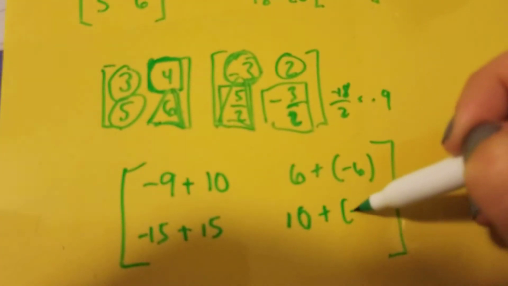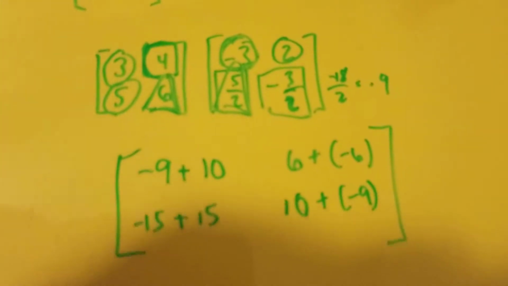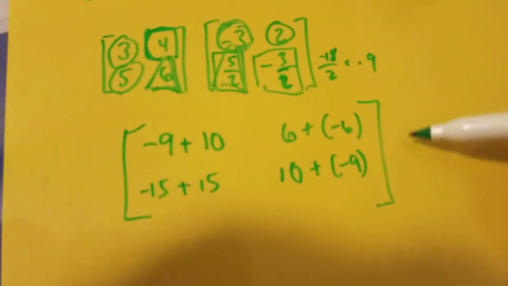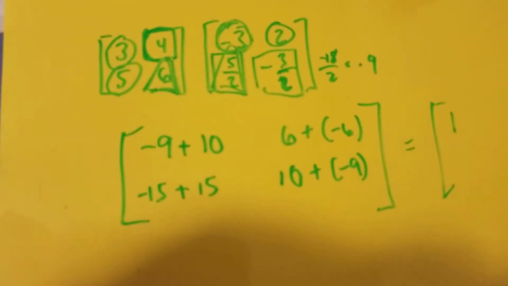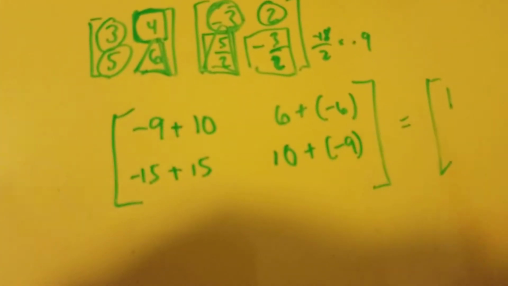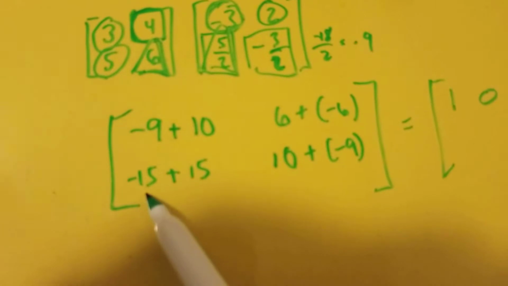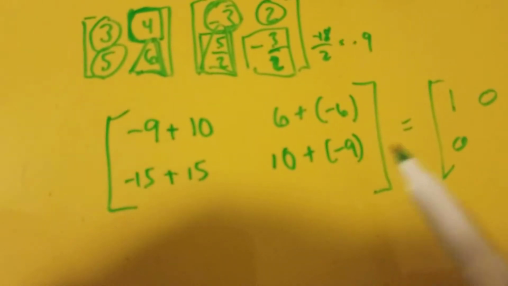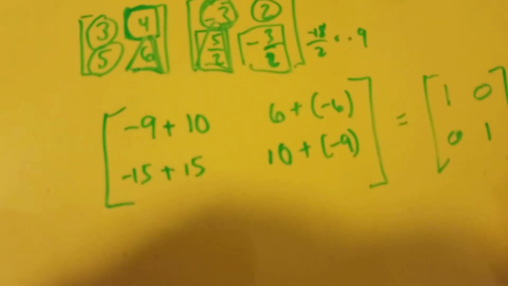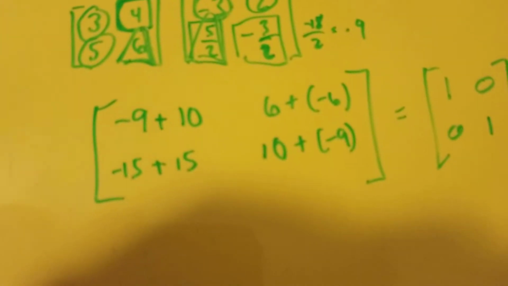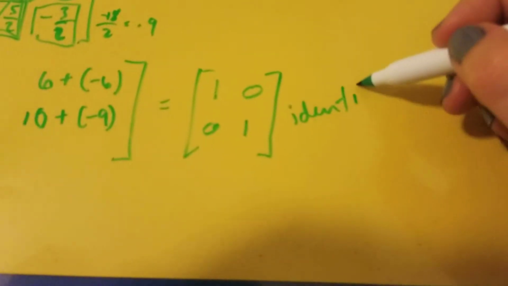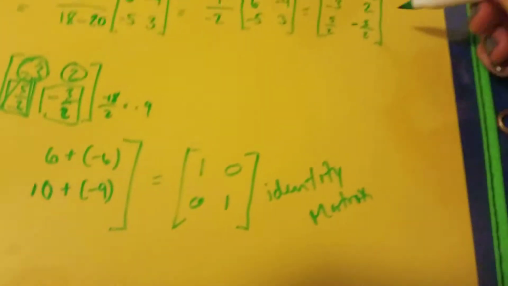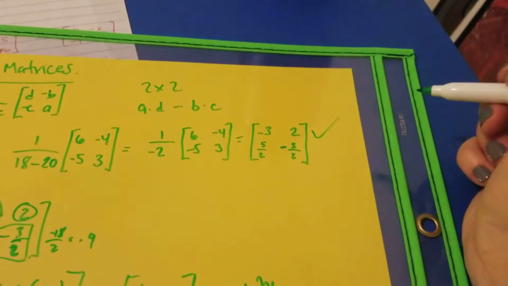So when I simplify this, -9 plus 10 is 1. 6 plus -6 is 0. -15 plus 15 is also 0. And 10 plus -9 is 1. And that's an identity matrix. So therefore, this answer is correct.